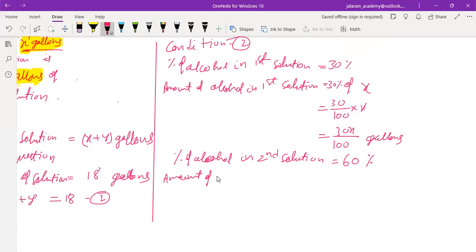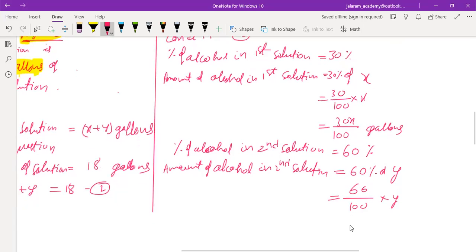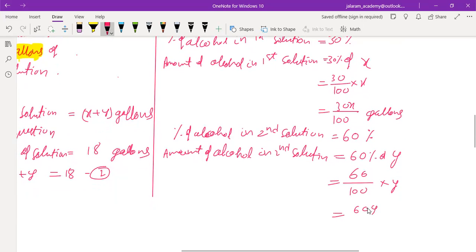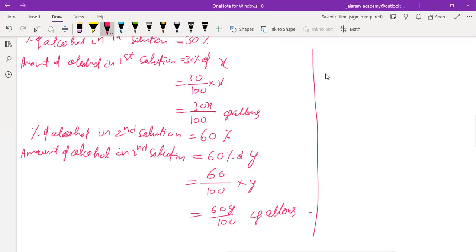In place of percentage, whenever we write quantity or amount, we should multiply them. So 60% of what is the total quantity? Y gallons only. So it is 60 by 100 into y, that is 60y by 100 gallons. Again, the total quantity is 18 gallons.